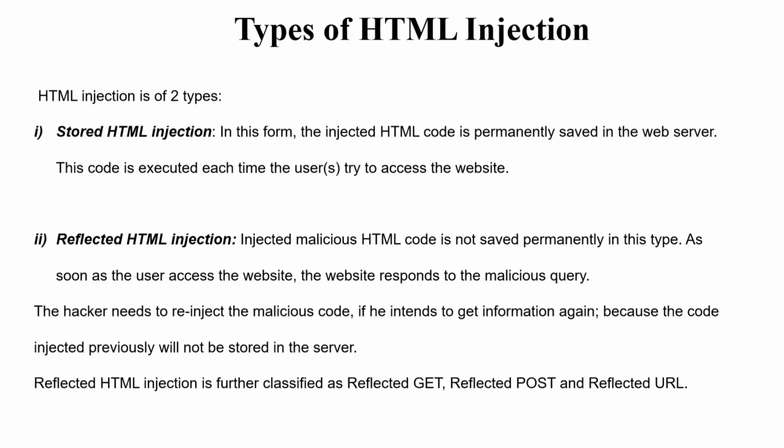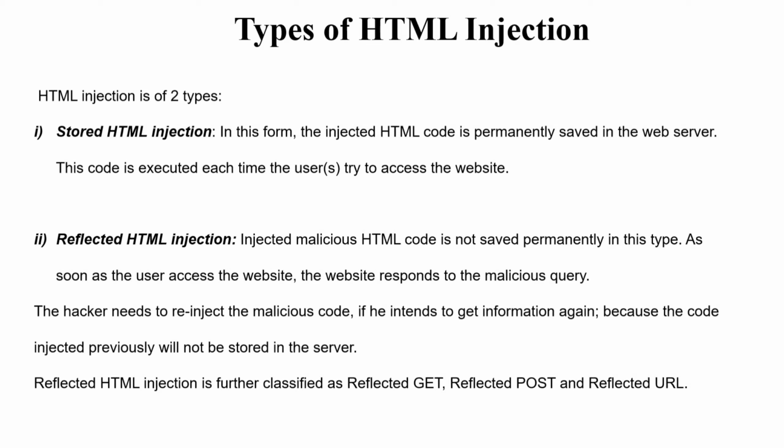There are mainly two types of HTML injections: stored HTML injection and reflected HTML injection. In the stored form, the injected HTML code is permanently saved in the web server. This code is executed each time the user tries to access the website. Whereas in reflected HTML injection, the injected malicious HTML code is not saved permanently.